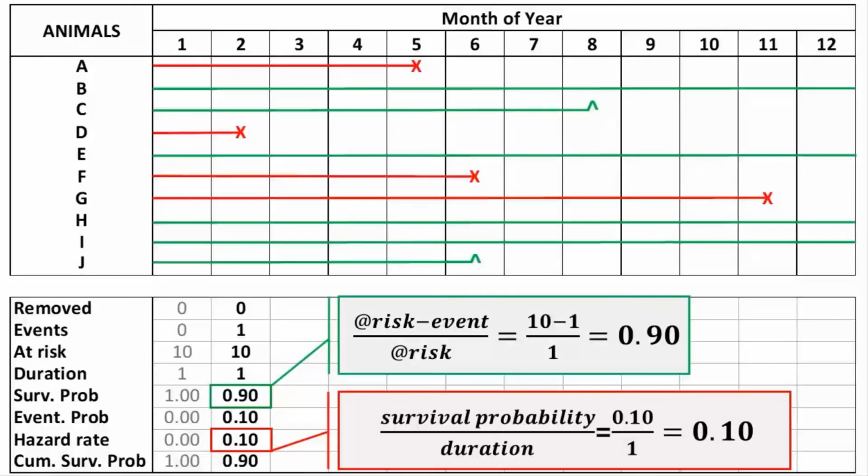In the second column we count the numbers and we do the math, and we see that the removed is 0, the event is 1 because we have 1 case, and then the duration is as usual 1 month because we are checking in each month, and then the survival probability is 90%, the event probability is 10%, the hazard rate 10%, and the cumulative survival probability is 90%.